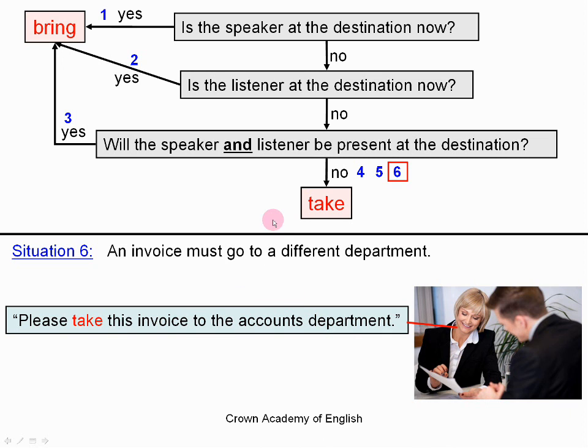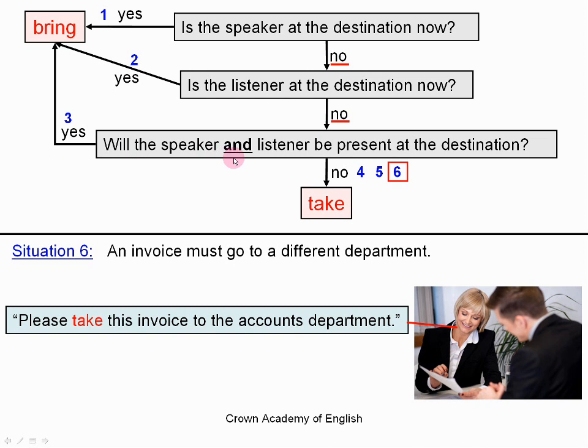Okay, so is the speaker at the destination? Well, no. The destination is the accounts department, but Jane is in the sales department. Is the listener at the destination? No, he is also in the sales department.